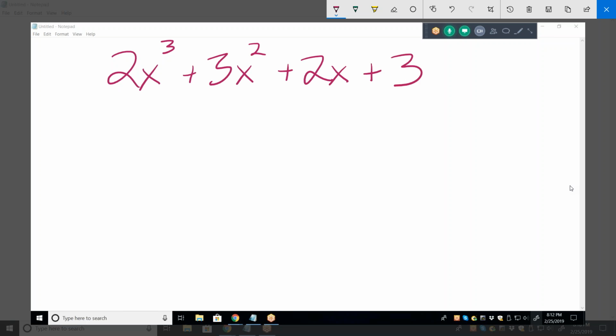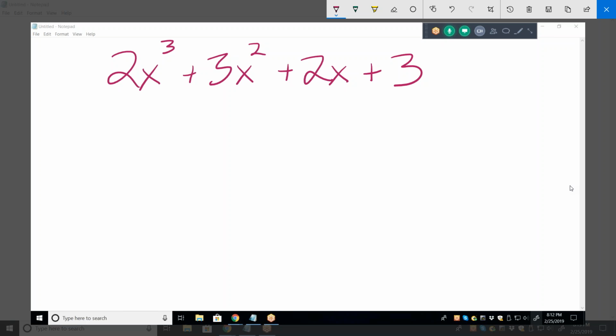What kind of polynomial is this? Wait, trinomial? Is it a quadratic? Yeah. No? You go by the highest degree. It's got an x squared term in it, but that's not the highest degree. The highest degree is this x cubed. So this is a cubic expression. Okay?